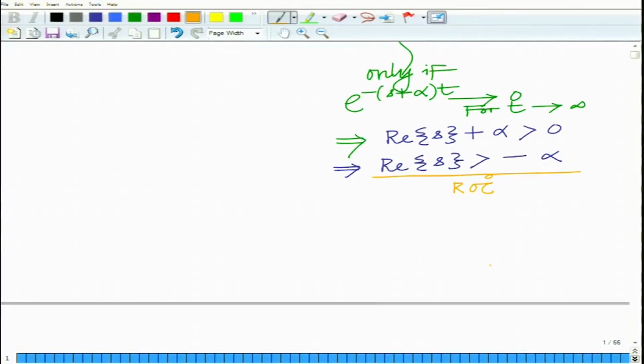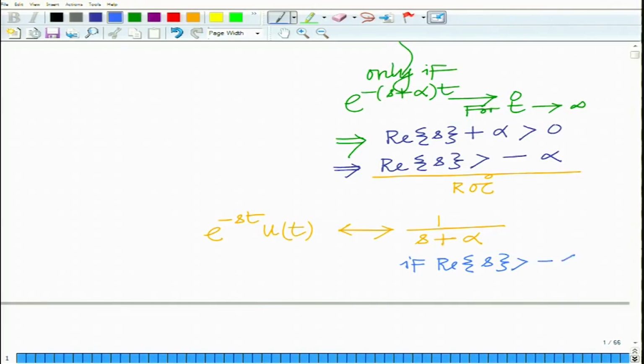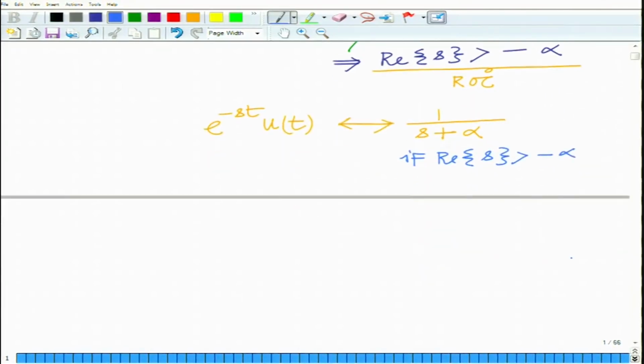And therefore, the Laplace transform of e raised to minus alpha t u(t) is given as 1 over s plus alpha, but this exists only if the real part of s is greater than minus alpha, and this is therefore the ROC or the region of convergence.